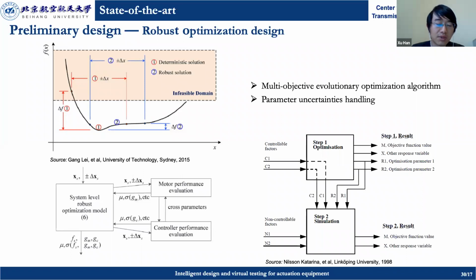But if there are errors, the actuator performance can vary, sometimes even becoming unacceptable. So instead, we need to choose another interval, interval 2. Although the central point is not a minimum value, the entire interval is more robust to the parameter uncertainties. Next slide, please.